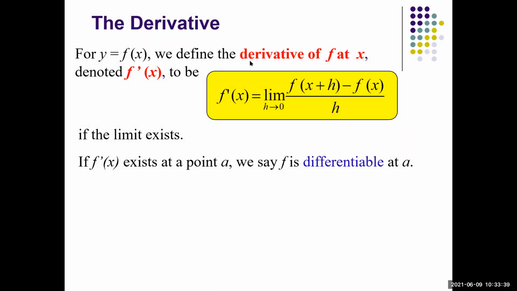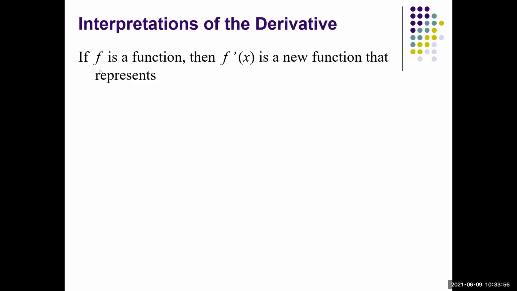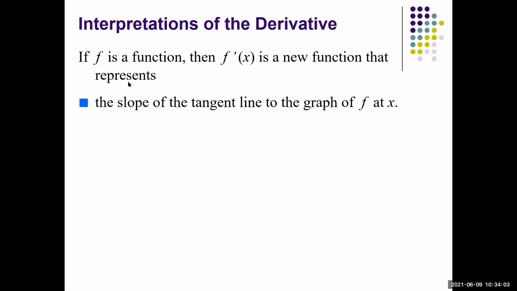Now, from the definitions and examples that we did, notice the derivative, what does that formula represent? Well, don't forget that this will represent the slope of the tangent line at x. Okay. So if f is a function, then f prime of x is a new function that represents, one, the slope of the tangent line to the graph of f at x.